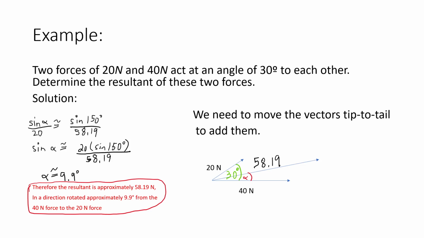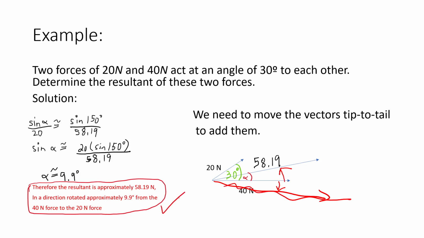If it was rotating away, like if somehow that resultant vector in another question somehow ended up here, I'd say 9.9 degrees rotated from the 40 Newton force away from the 20 Newton force. But that's not the case here. In this particular case, it's rotating back towards it. It's getting closer again. So we word our answer this way.